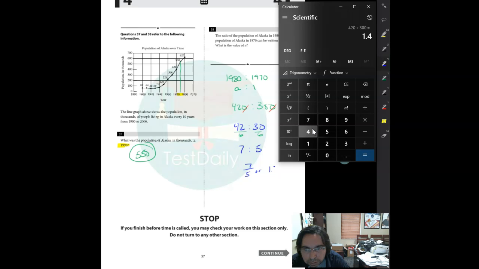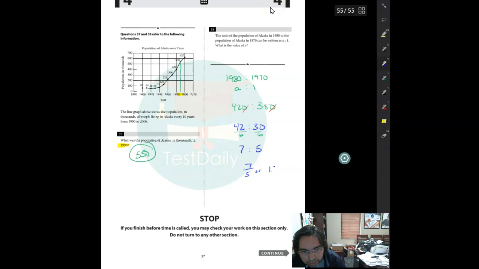Not sure. It looks like it says 67 over 50 is the answer choice.